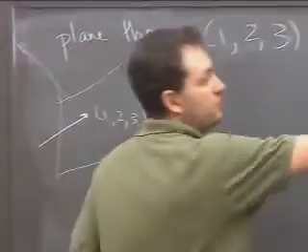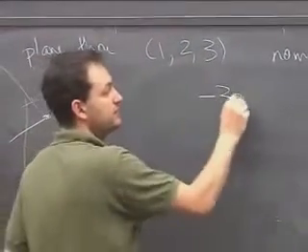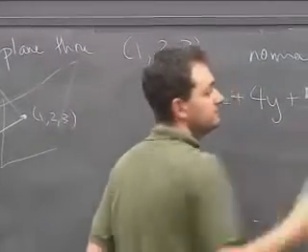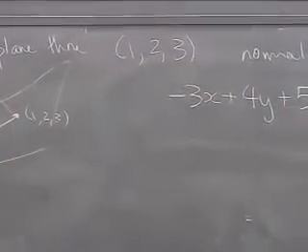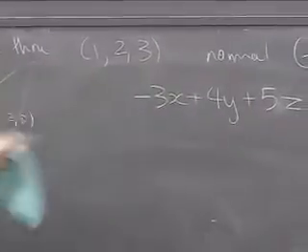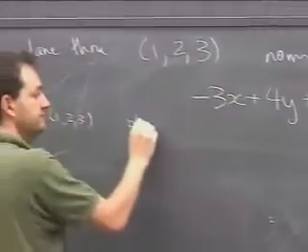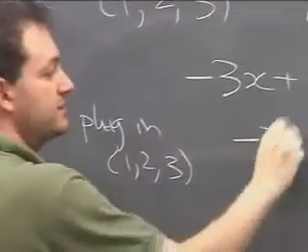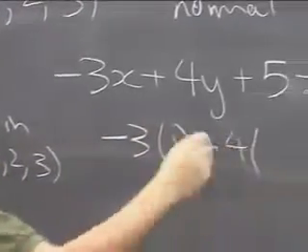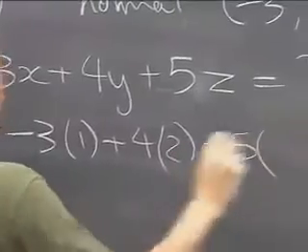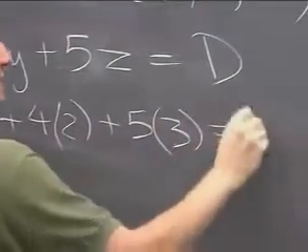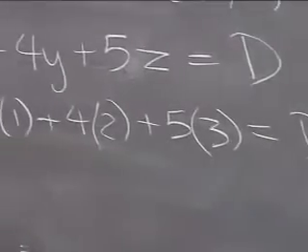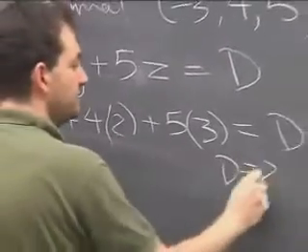Because we know the normal, the plane must be -3x plus 4y plus 5z equals something. Now we use this data to find out what D is. Plug in 1, 2, 3, and you get -3 times 1 plus 4 times 2 plus 5 times 3 equals D. So -3 plus 8 is 5, plus 15, so D is 20.